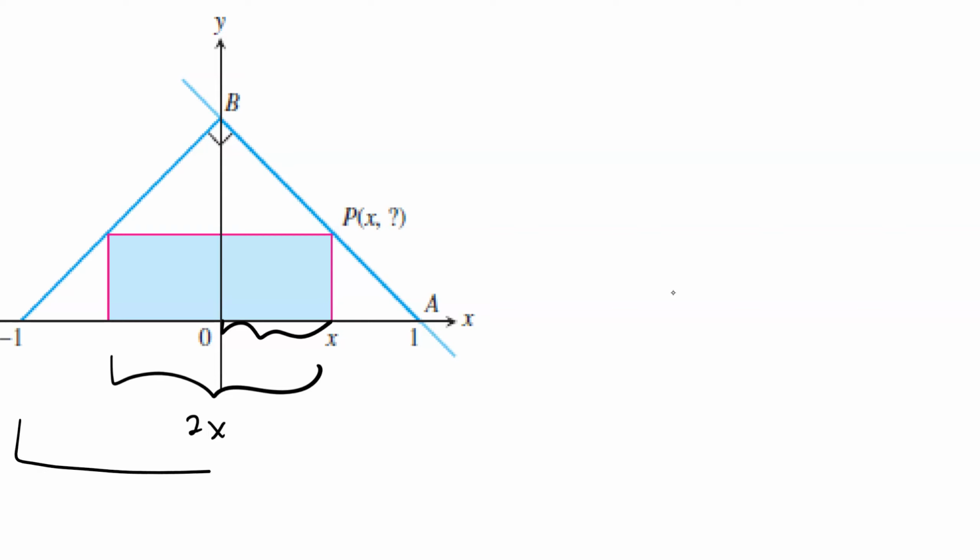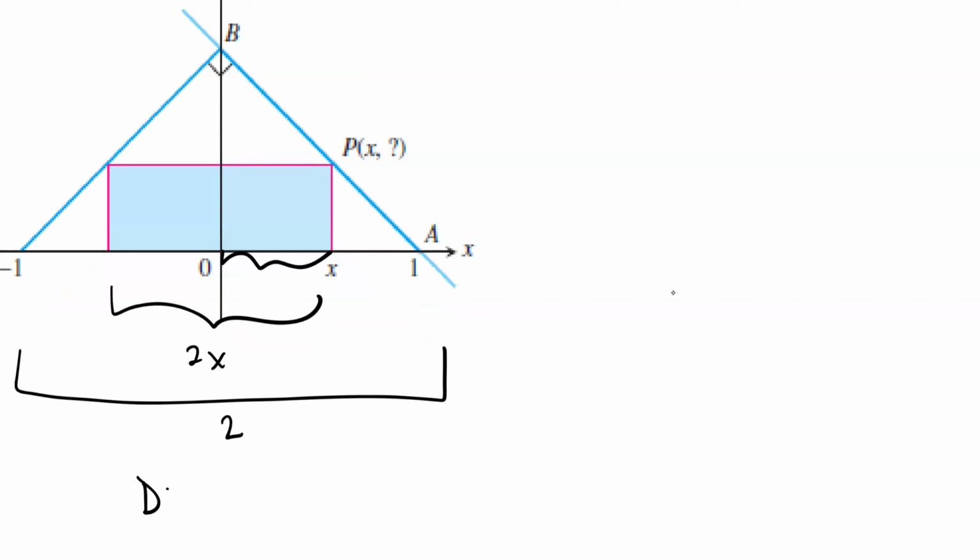So this whole length right here is 2, but the length of my rectangle is 2x, because I don't know exactly how far over I am x-wise. So the domain is 0 and 2. If the domain is 0 to 2. 0 to 1. Because x can be from 0 to 1. Oh, okay. So then the base will be 2x.